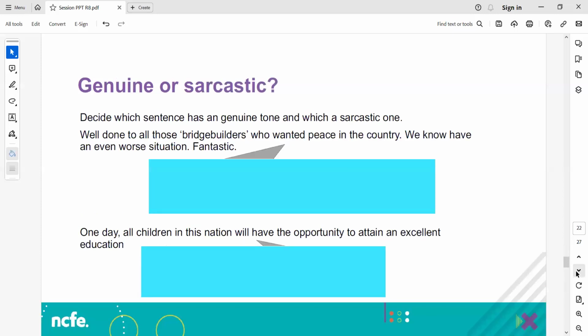So genuine or sarcastic? "So well done to all those 'bridge builders' who wanted peace in the country. We now have a worse situation." Is that genuine or sarcastic?